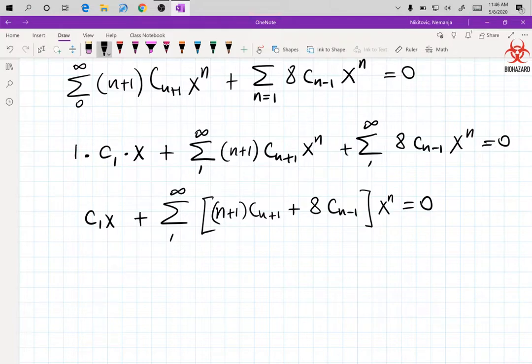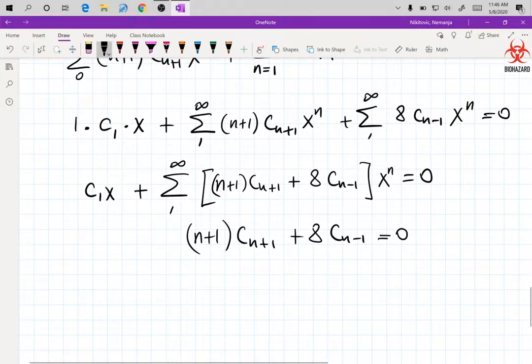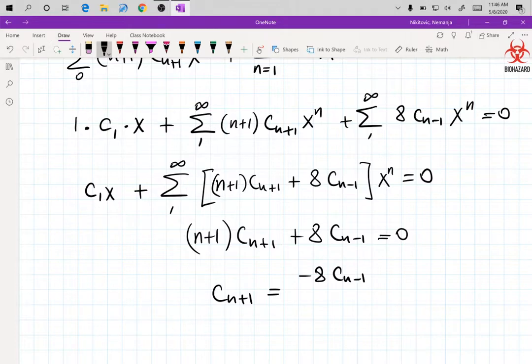So what do we get here? We get recursion (n+1) c_{n+1} plus 8 c_{n-1} is equal to 0, from where c_{n+1} is equal to negative 8 c_{n-1} divided by n plus 1.